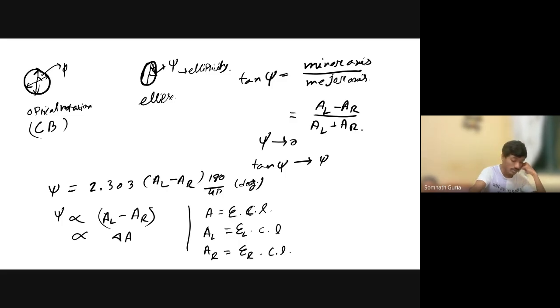So from here we can say this delta A can be written as delta epsilon C L. So psi is proportional to delta epsilon, as the C and L are constants for one particular experiment.